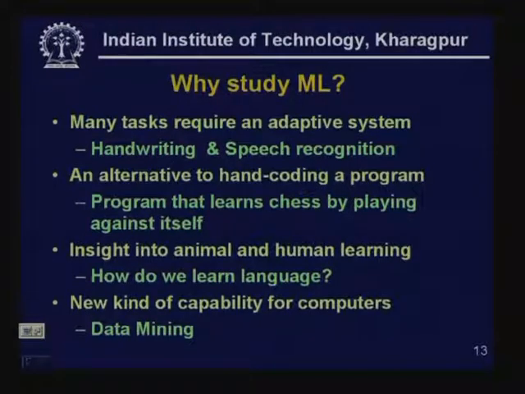And machine learning has been very useful in the area of data mining, which helps systems to acquire hidden rules from data. This has opened a whole new area of applications. So, this is a new kind of capability that our systems are provided with.